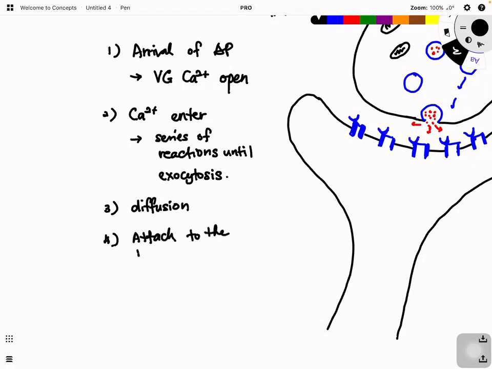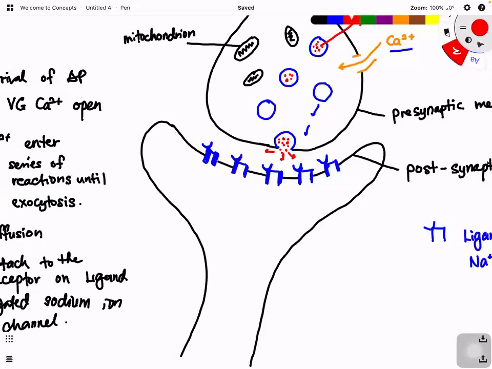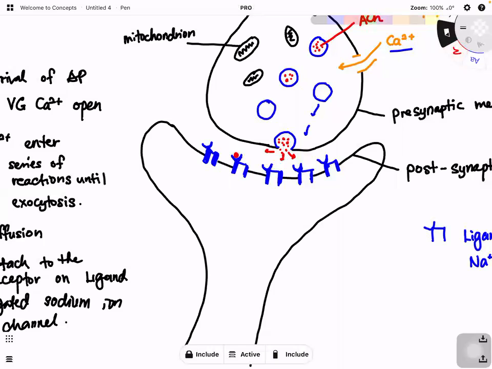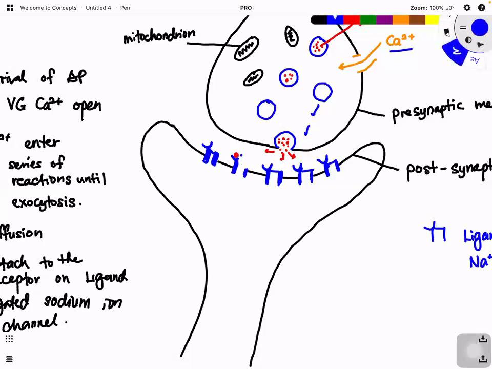Finally they attach to the receptor on the ligand-gated sodium ion channel. Are you clear? Once they attach, the sodium ion channel opens. The opening of the sodium ion channel, due to the binding of the neurotransmitter acetylcholine, allows sodium ions to enter.